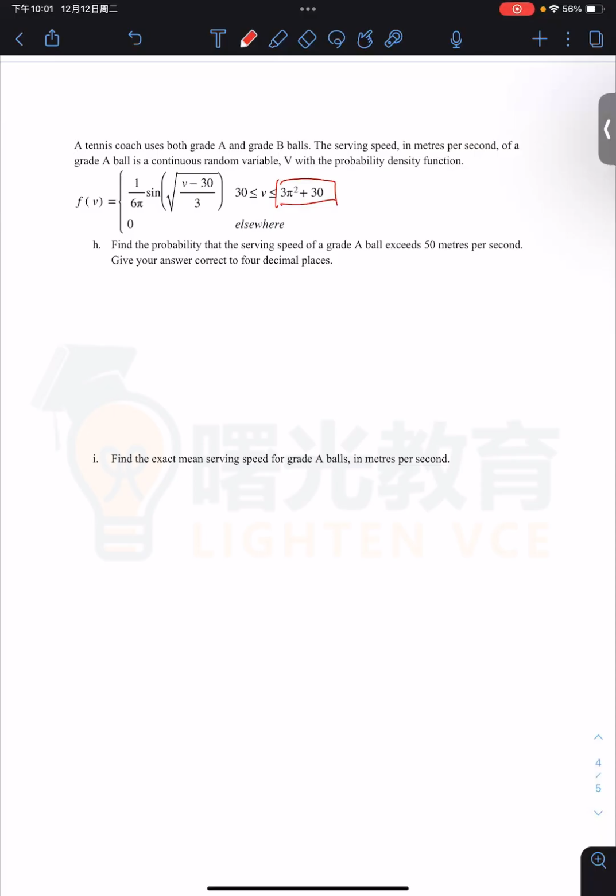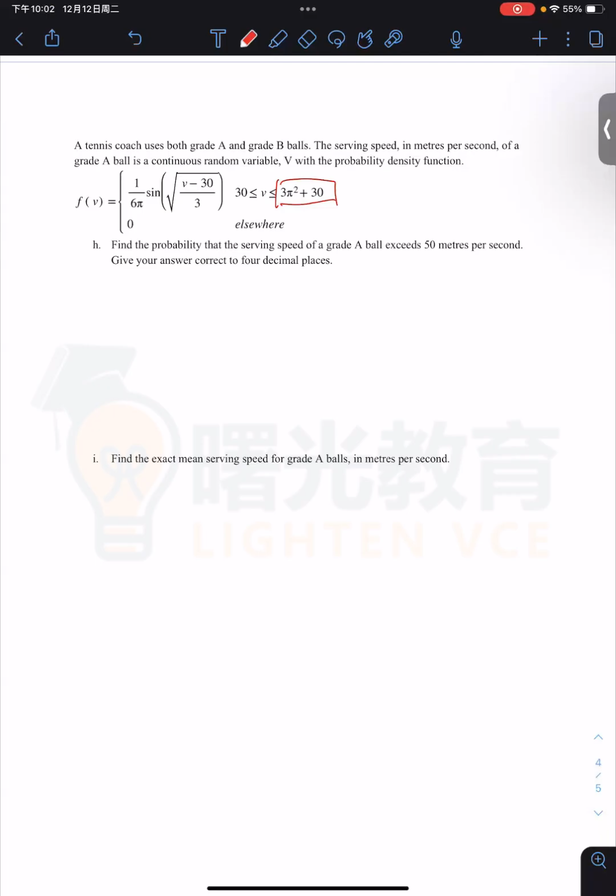Now, think about one thing. What is pi? You can give me around 3.14, 3.1415, and so on. But you know the estimate, right? If you have 3.14, then squared it would be definitely more than 9. Times 3, more than 27, plus 30, more than 57.